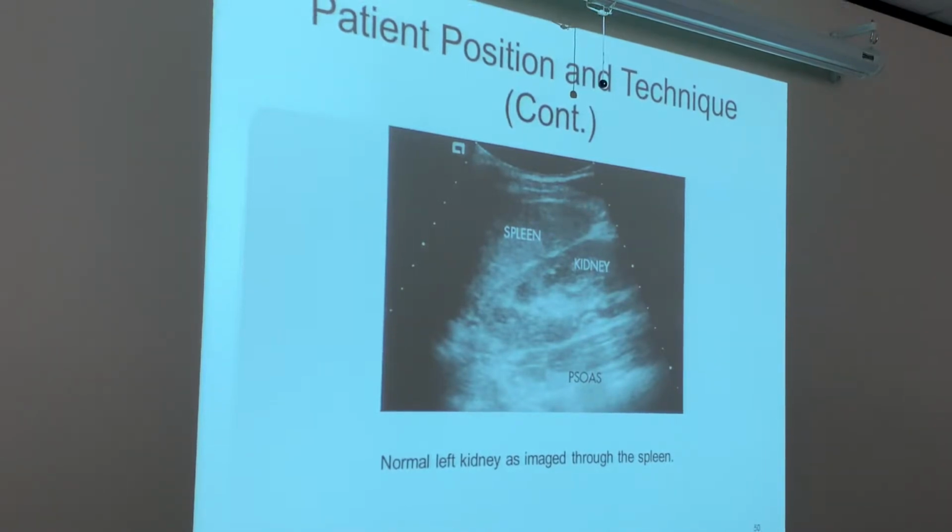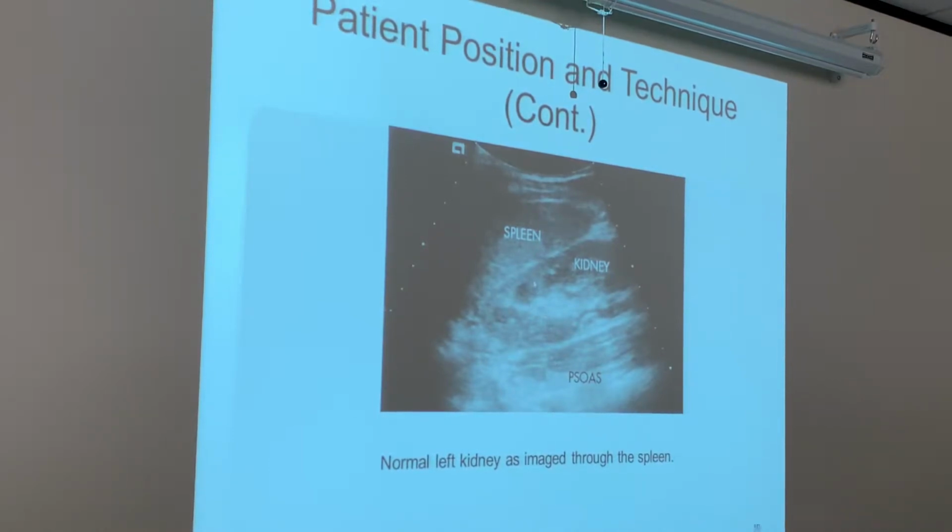If I'm using the spleen for a window, the spleen is where all of my blood is filtered, so it's really bloody. All this blood is water, right? Okay, so the ultrasound is going to speed through my kidney.